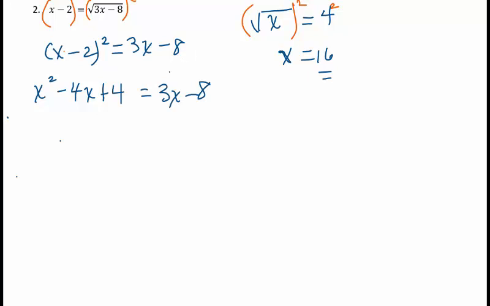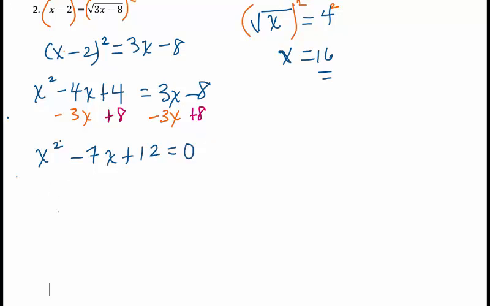And we notice now we have a quadratic equation, and so one thing that we could do is just move all terms to one side and try to factor or use the quadratic formula. So we'll subtract 3x from each side, and we'll add 8 to both sides. And we're left with x squared minus 7x plus 12 is equal to 0.